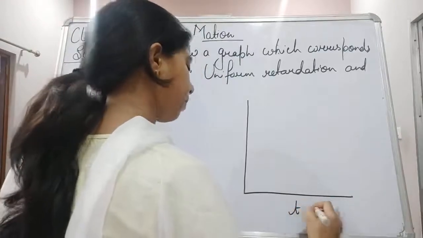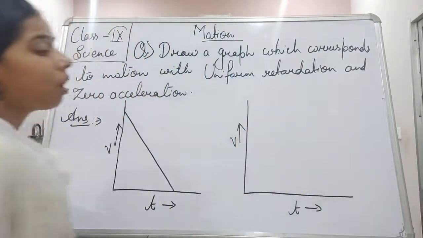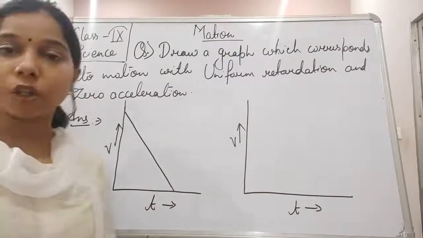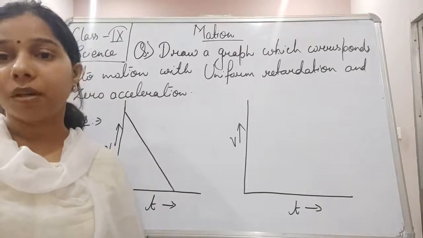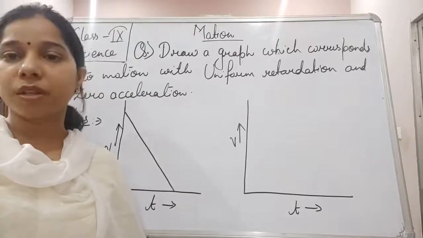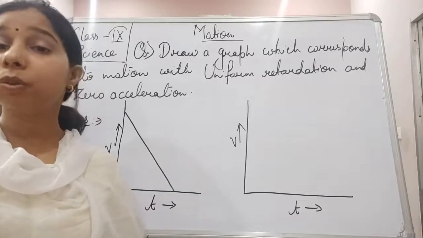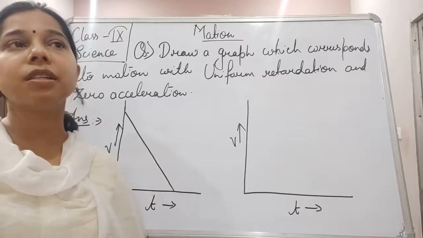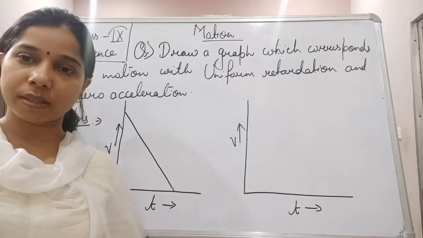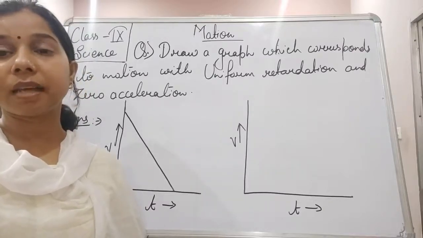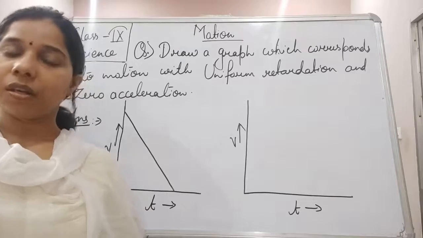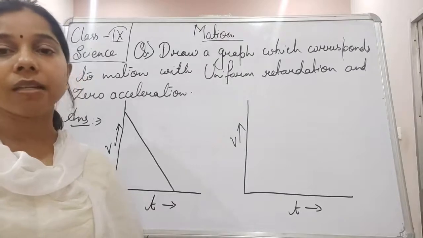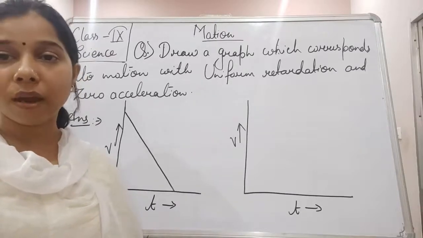This is time and this is velocity. So if the velocity time graph is such that the object is moving uniformly, it means that there is no change in the velocity, and that gives zero acceleration, because acceleration is defined as the change in velocity. When there is a change in velocity, we say that it has acceleration. And if it is moving with uniform velocity, we say that it shows zero acceleration.